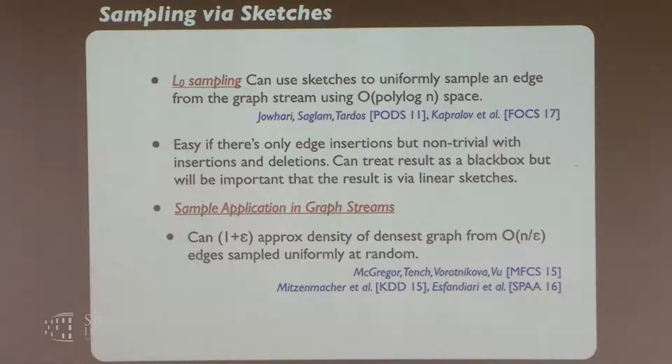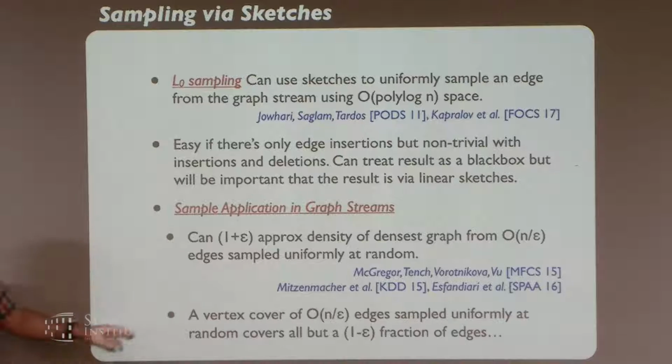One of which is that if you're interested in estimating the density of the densest subgraph in a graph, one thing you can do is sample n divided by epsilon edges uniformly at random, look at your graph of those sampled edges, compute the densest subgraph in that sampled graph, and you can work back to getting a 1 plus epsilon approximation to the density of the densest subgraph in the initial graph.